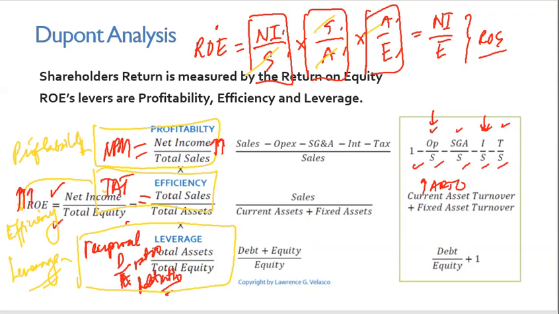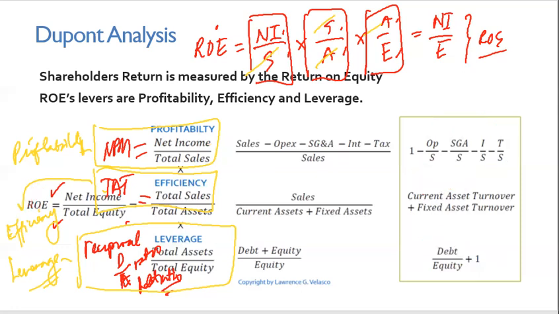Okay. If you use more debt, then this ratio increases. Therefore, ROE increases. So it gives you a good framework of analyzing the return or decomposing the return on equity of a company. Okay.